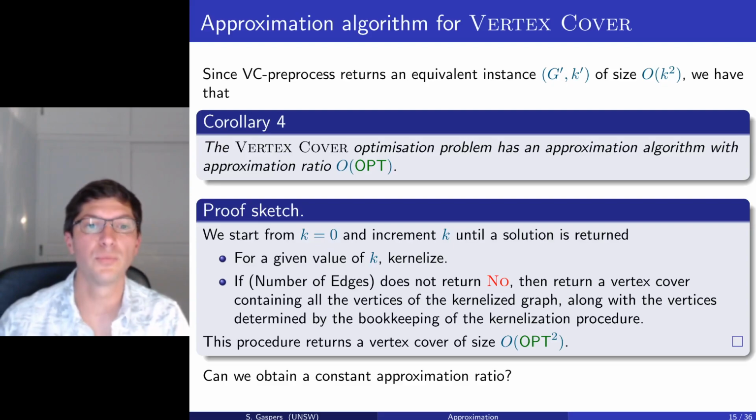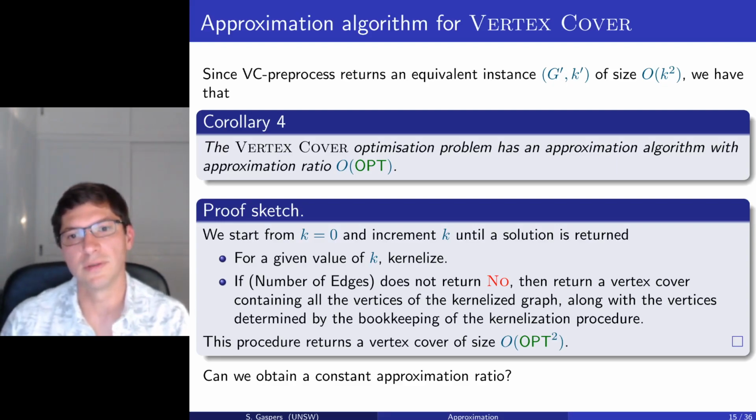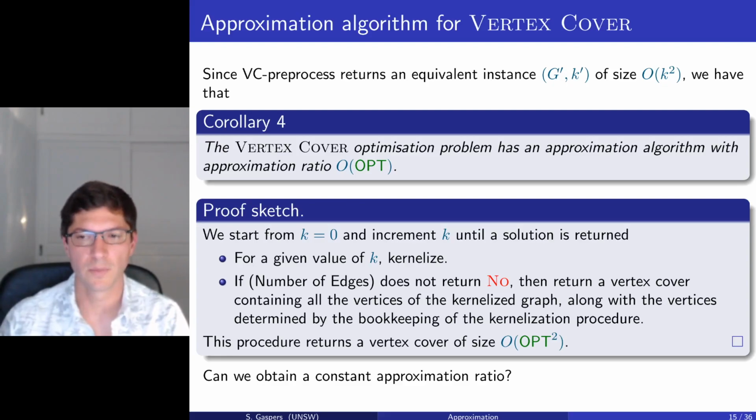So we use the preprocessing algorithm to compute a kernel. In case the number of edges rule did not return no, then we can return a vertex cover containing all the vertices of the kernelized graph along with the vertices determined by the bookkeeping of the kernelization procedure.